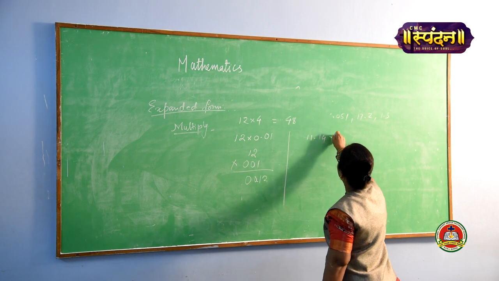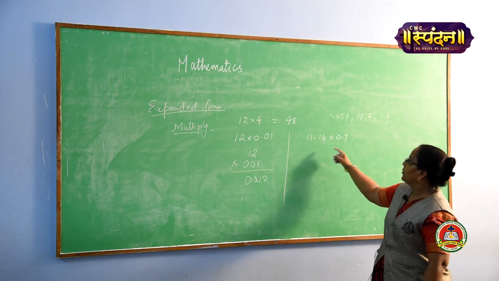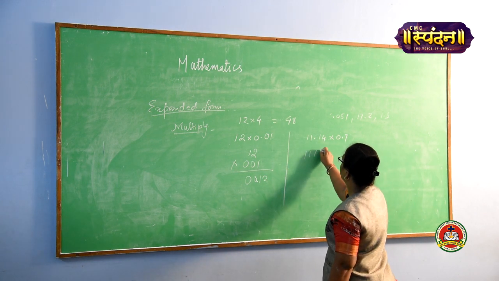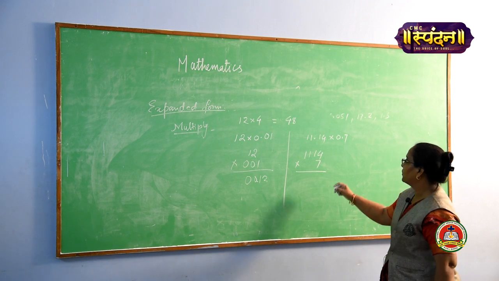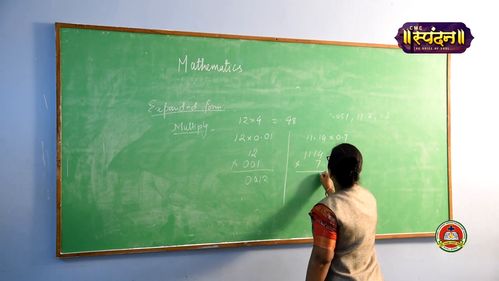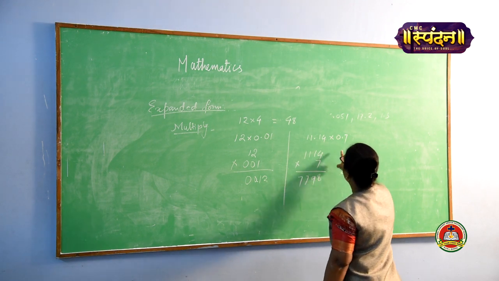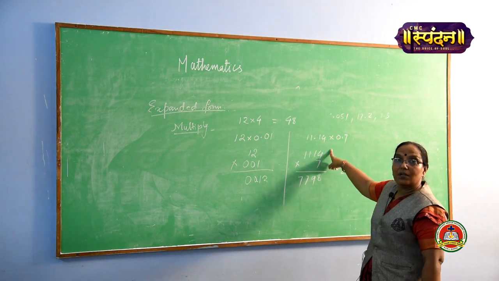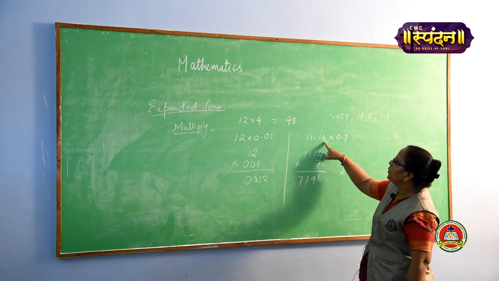After that, suppose there is a number 11.14 multiplied with 0.7, okay? Then you need to multiply by the same traditional method, and we are going to multiply with this 7. 4 sevens are 28, 9, 7, 7. And now see, the total number of digits after the decimals we have is 1, 2, 3.